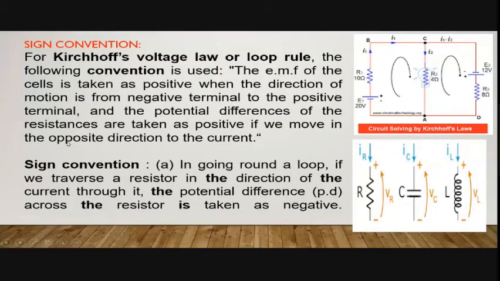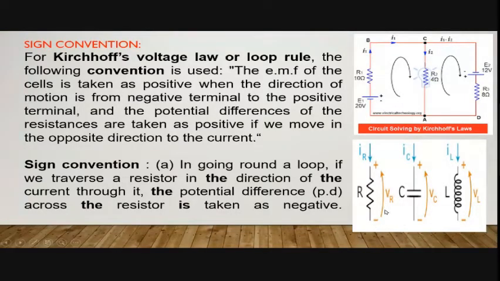For the current law, let us see what is the convention. In going around a loop, if we traverse a resistor in the direction of current, potential difference is taken as negative. Same thing what I told you here, same thing. IR, if the current is flowing in this direction, then the voltage will be opposite.